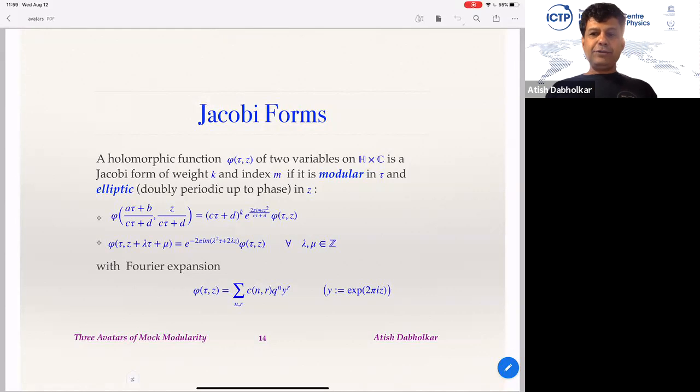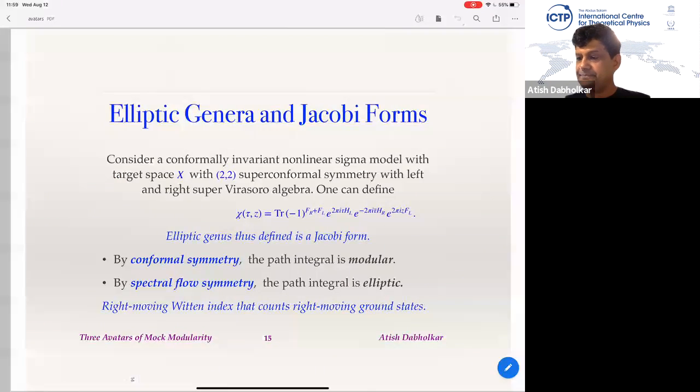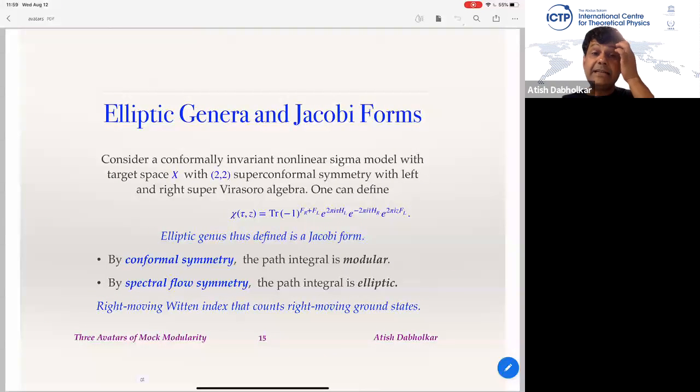Now, once again, you can do a double Fourier expansion with Fourier coefficients now denoted by c(n,r), q to the n, y to the r. And this occurs very naturally in elliptic genera in quantum field theory.